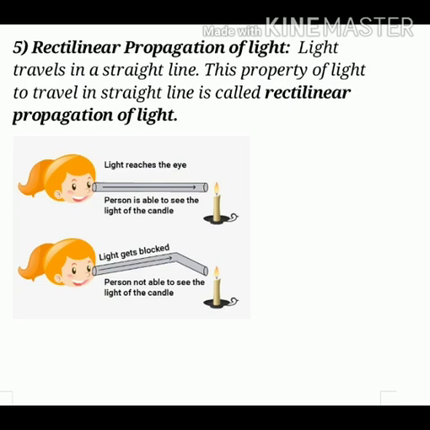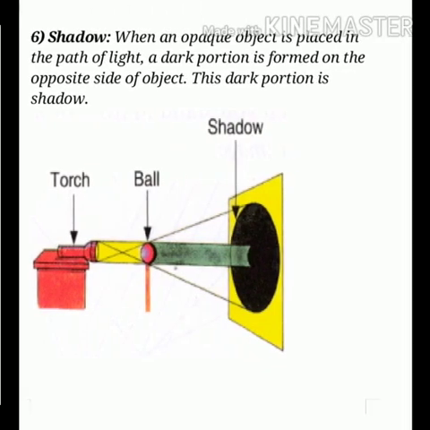It is because the path of light gets blocked. This shows that light always travels in a straight line, and this property is known as rectilinear propagation of light.